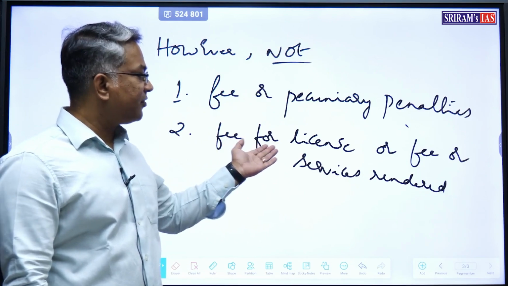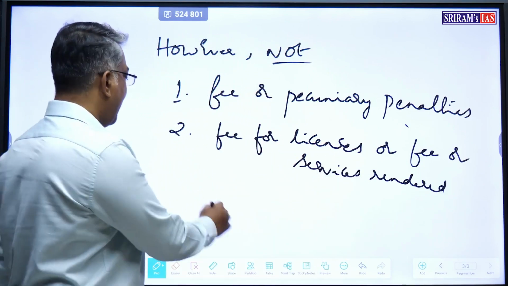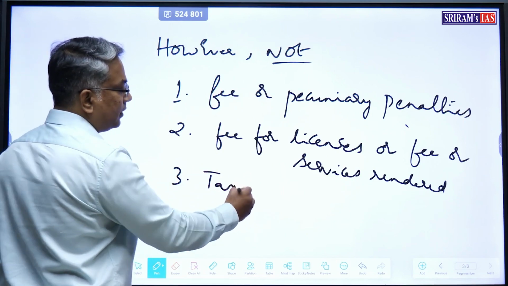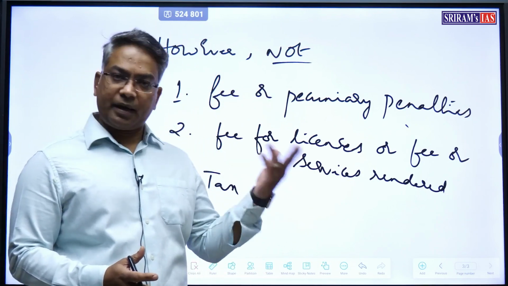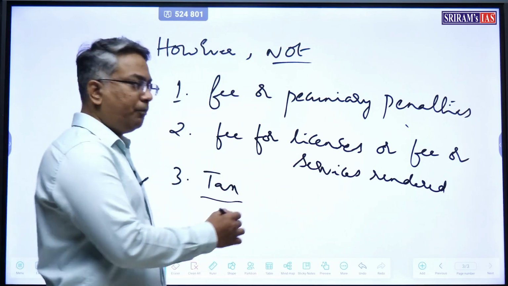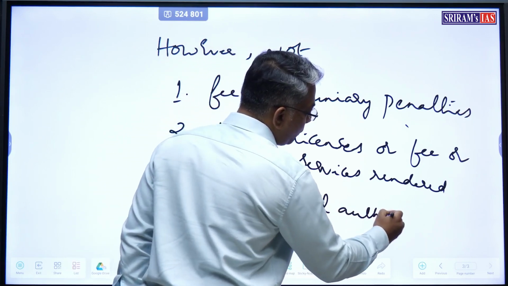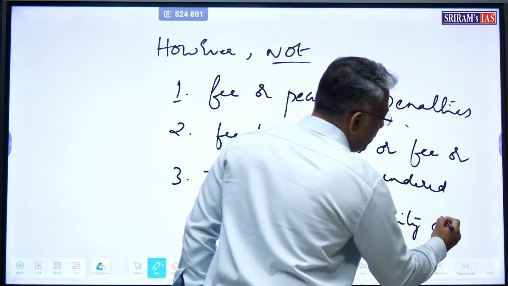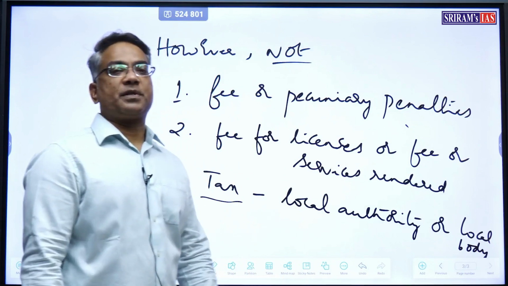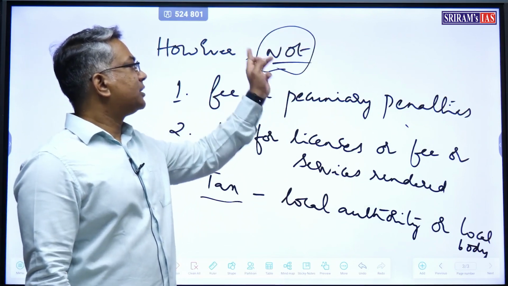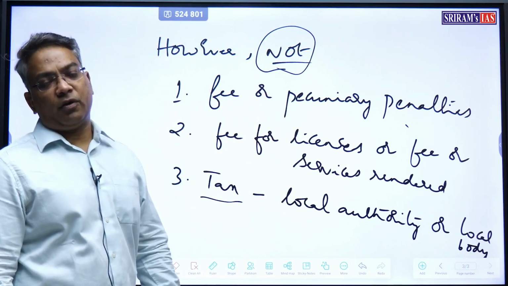So, a bill is not deemed to be a money bill if it contains provisions only related to demand or payment of fees for licenses or fee for services rendered, and tax, imposition, abolition, regulation, alteration or remission of any tax imposed by any local authority or local body for local purposes. So, a bill is not deemed to be a money bill if it contains provisions related to the following matters only.